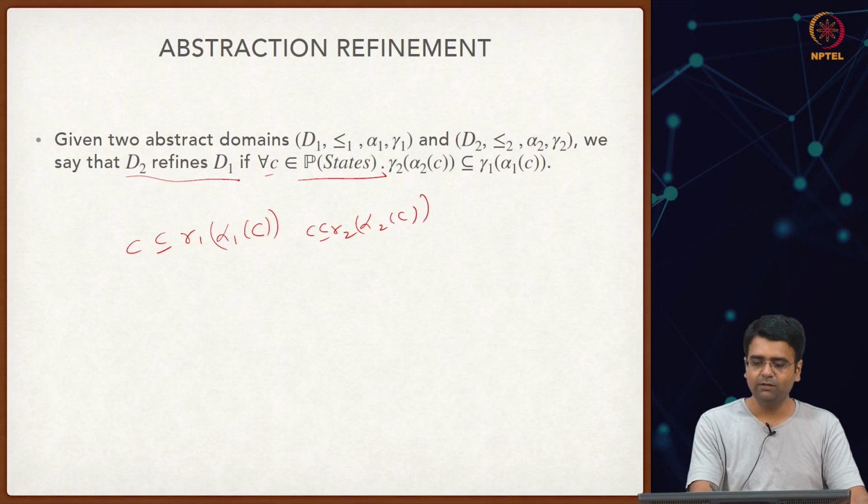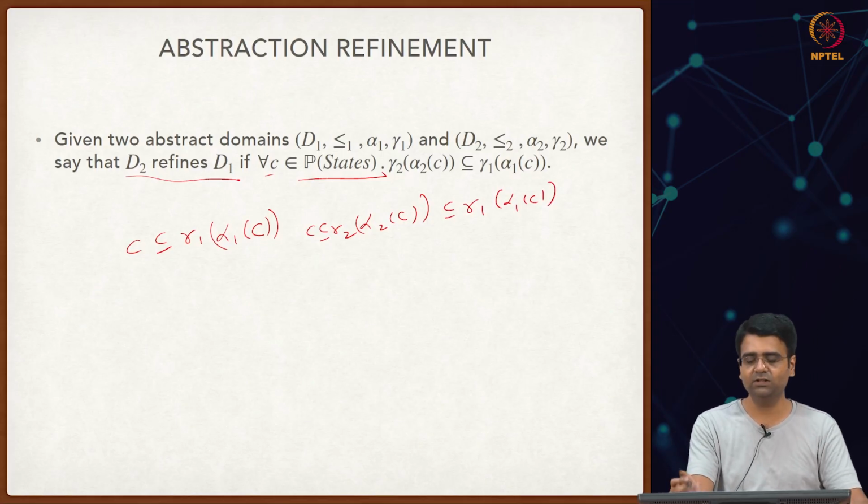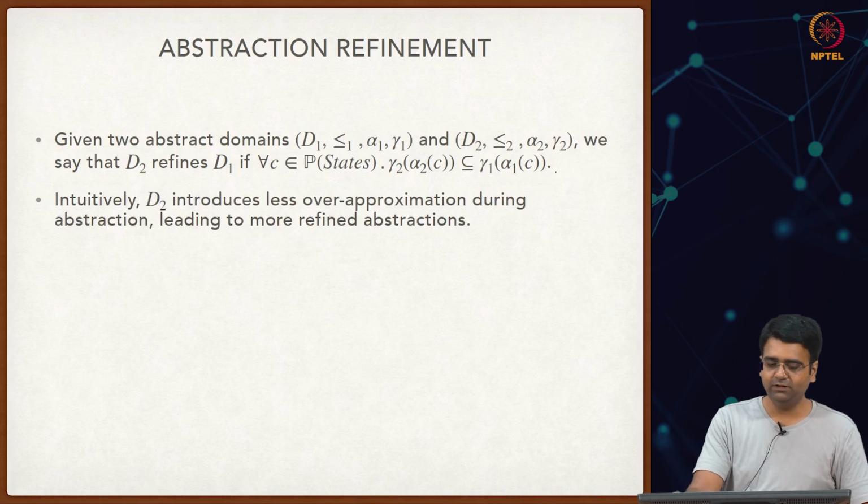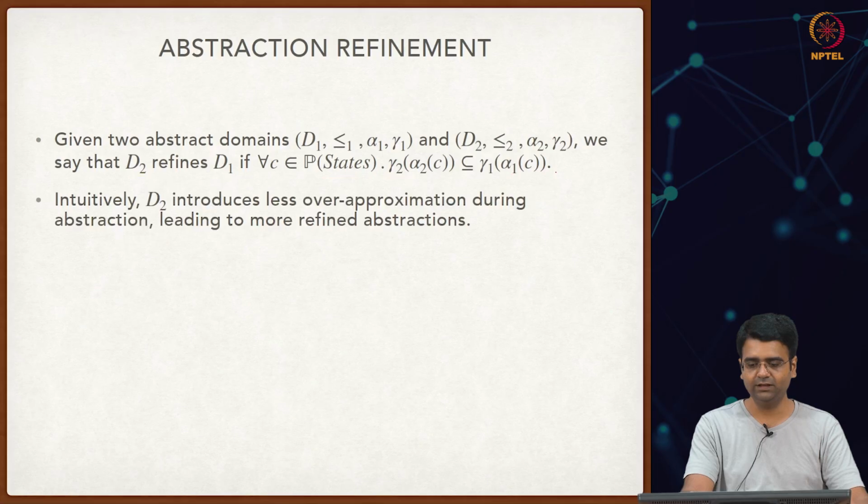By saying that gamma 2 of alpha 2 of C is a subset of gamma 1 of alpha 1 of C, we mean that the domain D2 introduces less over approximation than the domain D1, in the sense that every element in gamma 2 of alpha 2 of C is also present in gamma 1 of alpha 1 of C, but gamma 1 of alpha 1 of C may contain more states. So intuitively D2 introduces less over approximation during abstraction, leading to more refined abstractions.